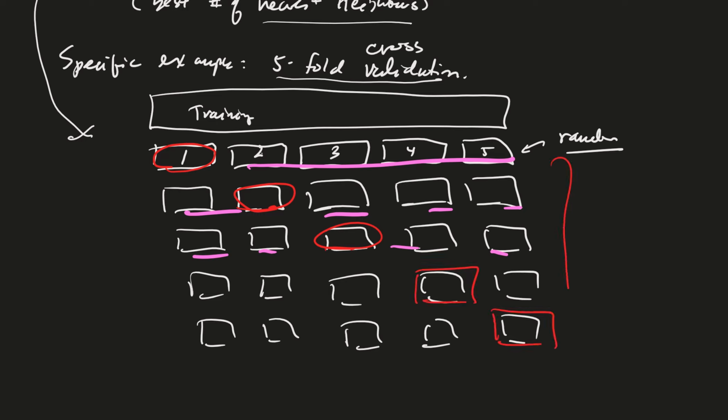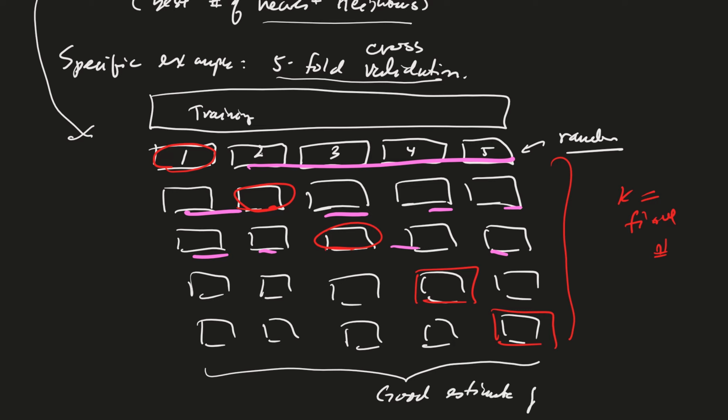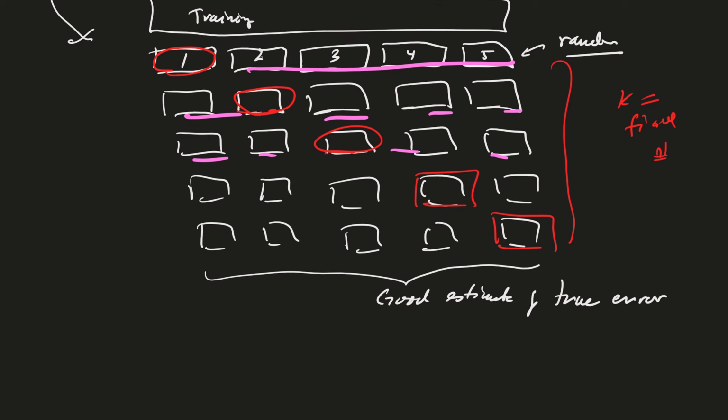I've done this for some fixed number k. This five-fold cross-validation gives me an accurate measure, a good estimate of the true error in using this number of neighbors.